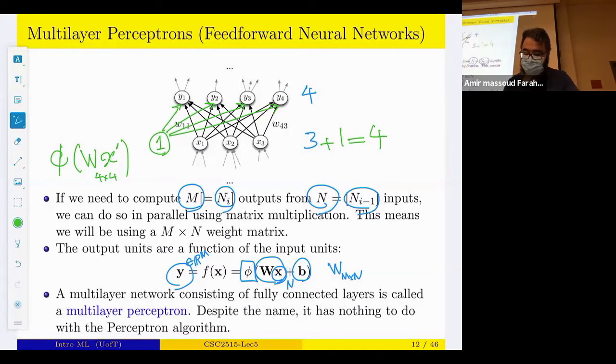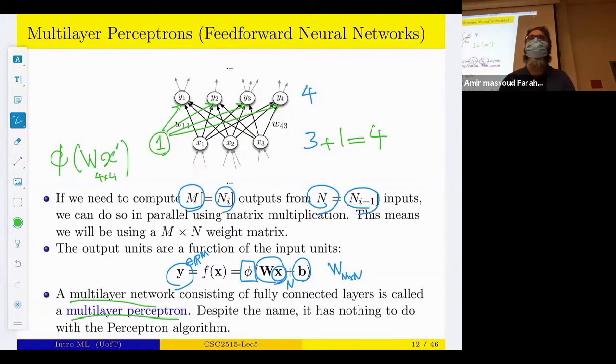So this multi-layer neural network that consists of fully connected layers is called a feedforward neural network, or multi-layer feedforward neural network, or sometimes multi-layer perceptron.